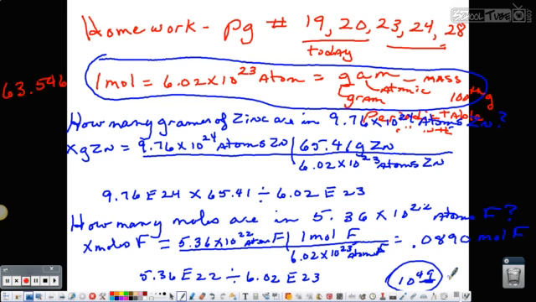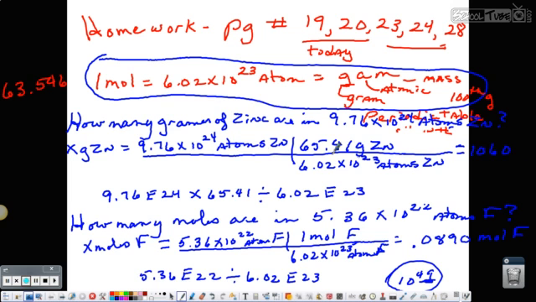I'll try again. Alright, so we've got 9.76 second comma on my calculator 24 times 65.41 divided by 6.02 second comma 23, and we're going to get the answer is going to be 1060.